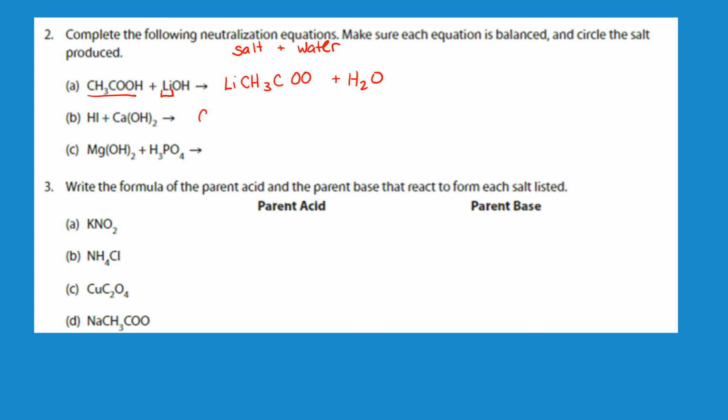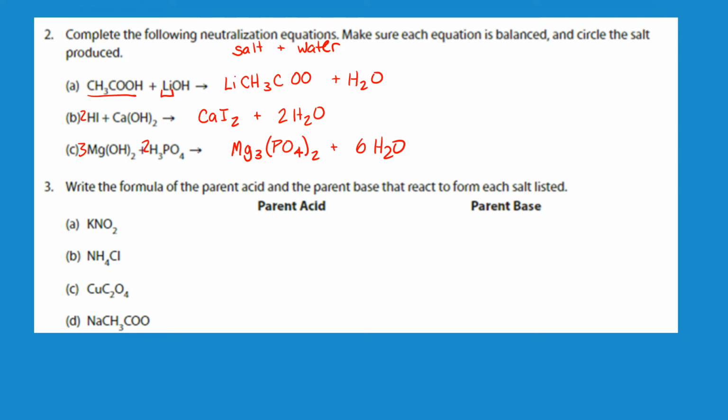With the next one, I have calcium iodide as my salt, and a couple of water molecules that are going to be made. We'll balance that up. With the next one, magnesium phosphate is the salt being produced, and this time I have 6 water molecules that come out once I balance everything. So there are some neutralization equations.